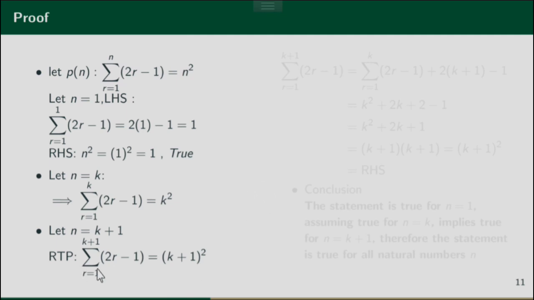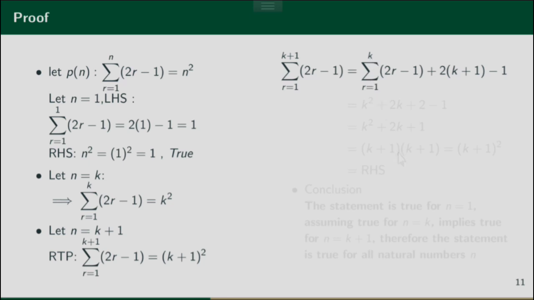So in order to show this, I will take the left hand side and show the right hand side. The left hand side is equal to the sum from r equals 1 to k of 2r minus 1, then plus the k plus 1 term. Remember, I'm summing from r equals 1 to k plus 1. So I can sum the same expression from r equals 1 to k, and I add the next term.